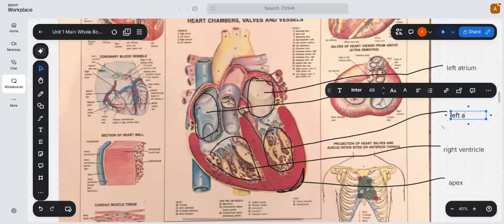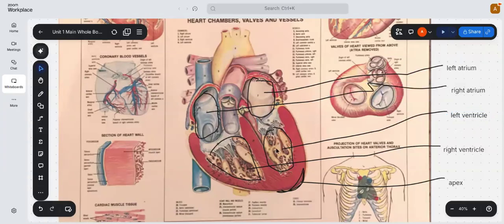So this portion over here, left ventricle. And then from the left ventricle, it's going to push the blood through the semilunar aortic valve and then to the rest of the body. So pretty cool how the blood flow works and the different oxygenated and deoxygenated blood. For now, you just need to know your atriums and your ventricles and how to differentiate right versus left.